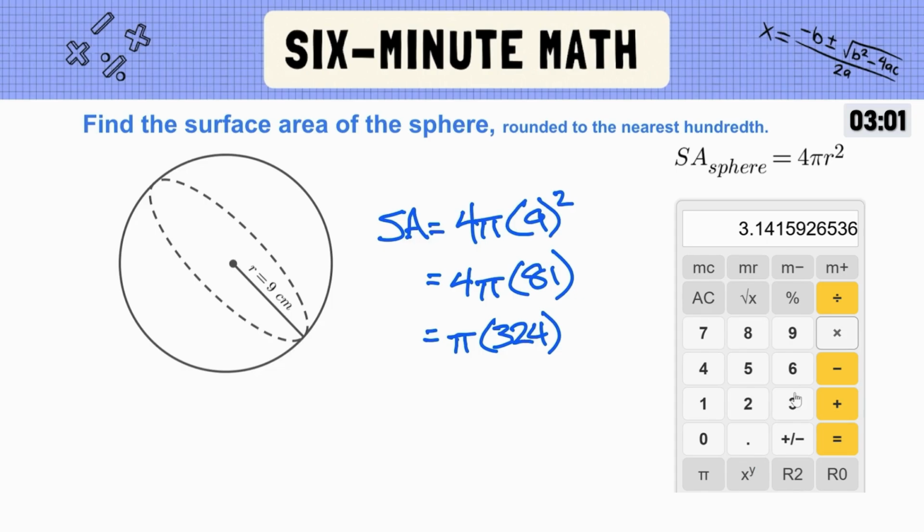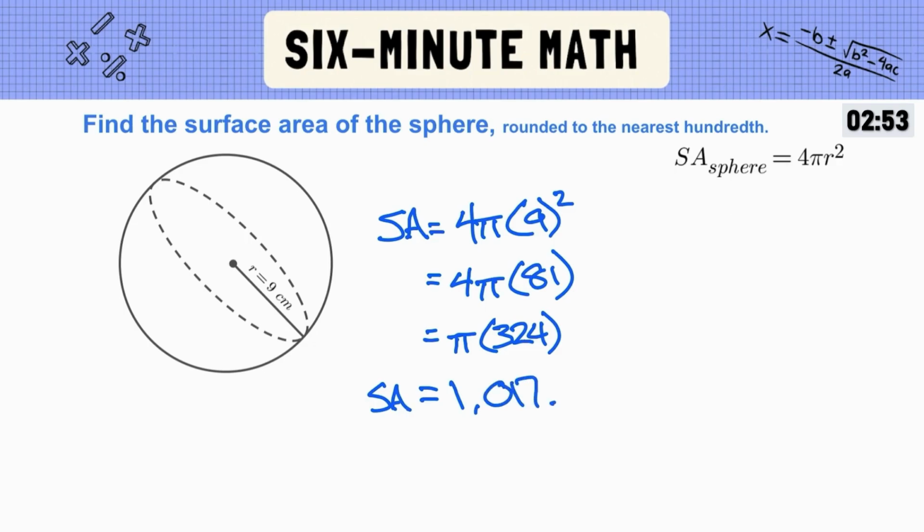I plug that into a calculator and I get an answer of 1017.8760... And in this particular question, I am rounding to the nearest hundredth. So my final surface area is 1017.88 centimeters squared.